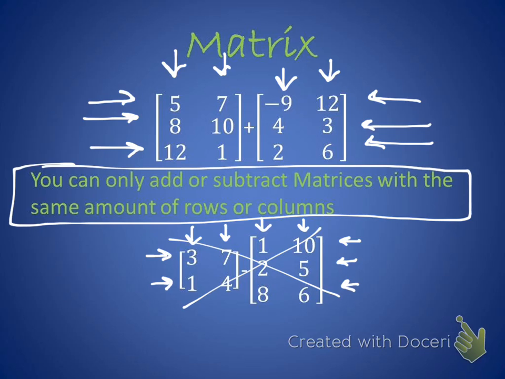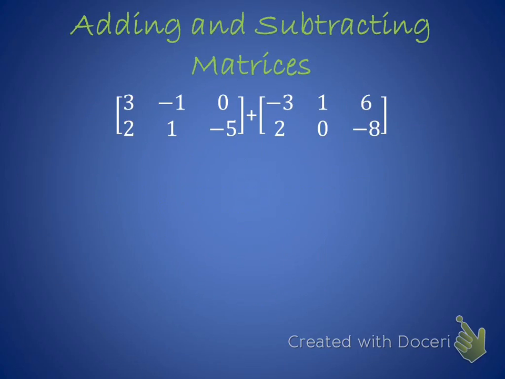So let's look at this first example here. Go ahead and write the numbers down that are in the brackets. So for this first one, what they want us to do is add these 2 matrices together. In order to do that, I take the numbers that are in the same position on each matrix.